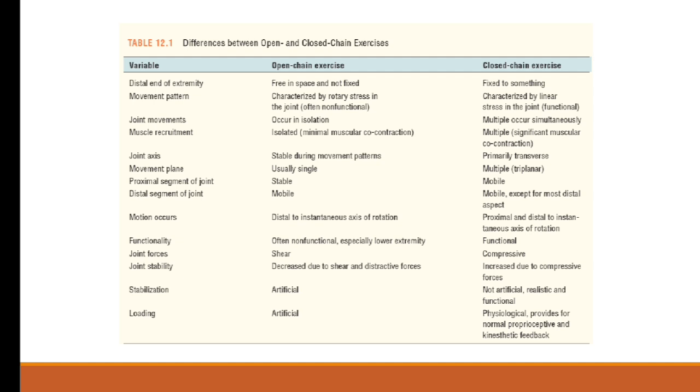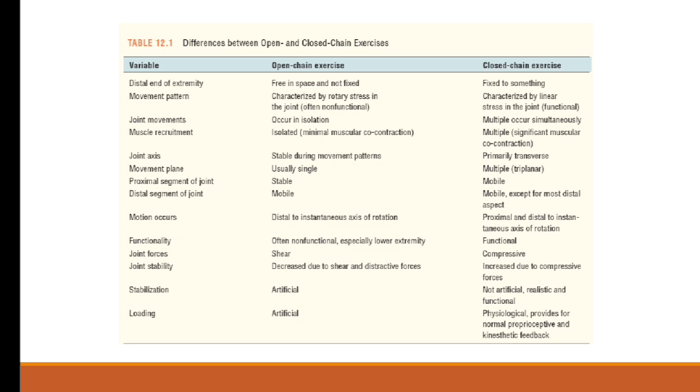Basically there are different variables. If the distal end of the extremity is free in space and not fixed, then it is an open chain exercise, and a closed chain exercise would be fixed to something. Then movement pattern, which is characterized by rotatory stress in the joint in case of open chain and by linear stress in the closed chain.